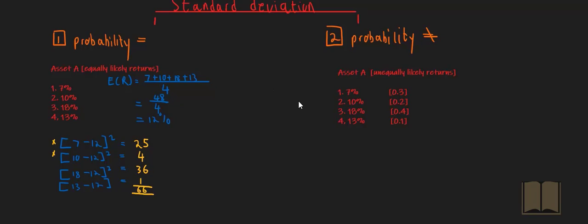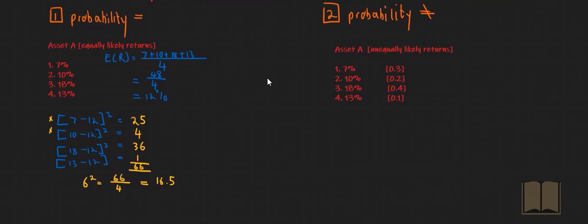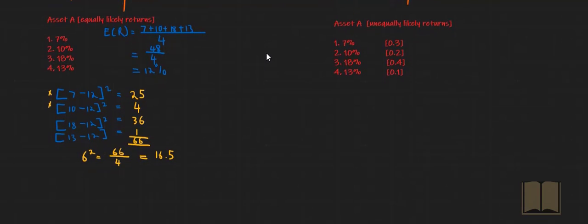Now the variance is equal to the sum of the squared deviations divided by the number of data points, which is 4, and this gives you a variance of 16.5. However, we're not looking for the variance, we're looking for the standard deviation.